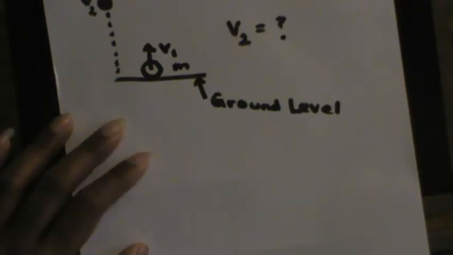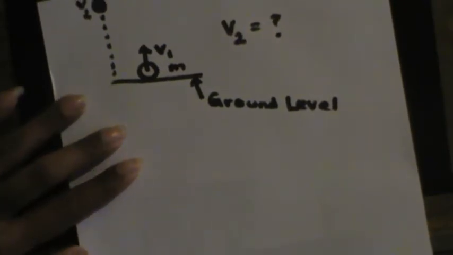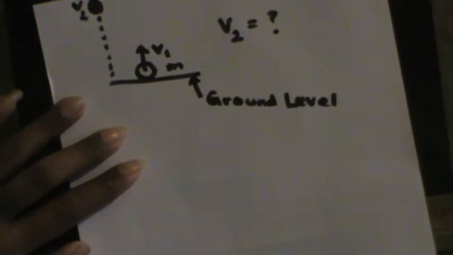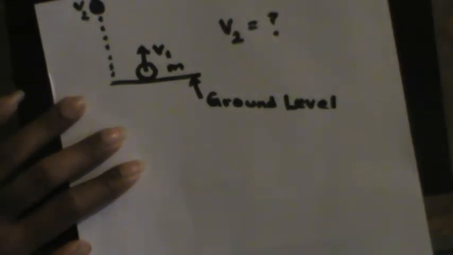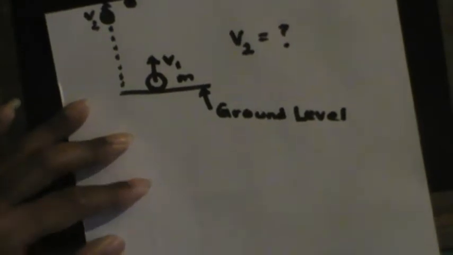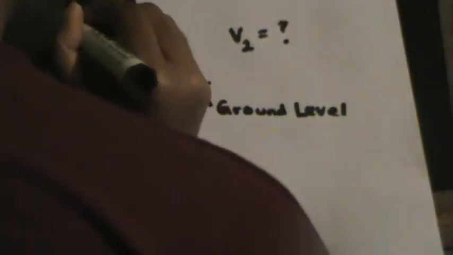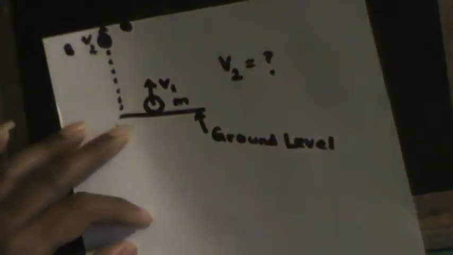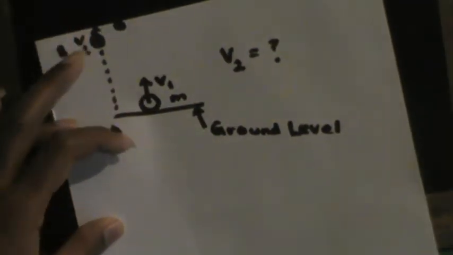So in order to apply the conservation of mechanical energy, you need to know whether there's an external force that acts as a disturbance to stop this object, or an external force that acts as a support to this object, or anything, whether there's an external force acting in this scenario. Now I'll take this point to be A, surface to be A, and this surface to be B. So A is at ground level and B is at infinity.